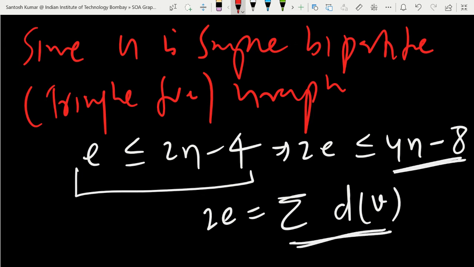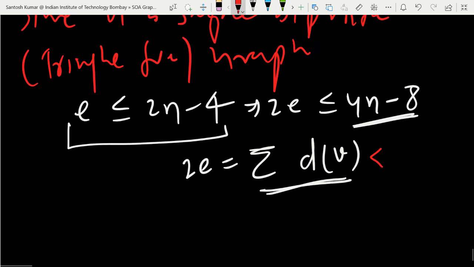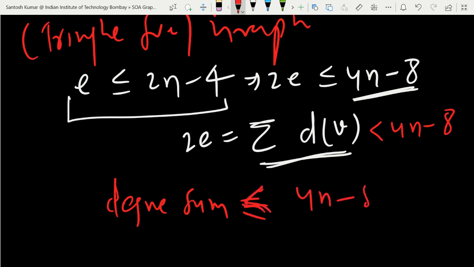So the sum of all degrees is actually less than or equal to 4n minus 8.